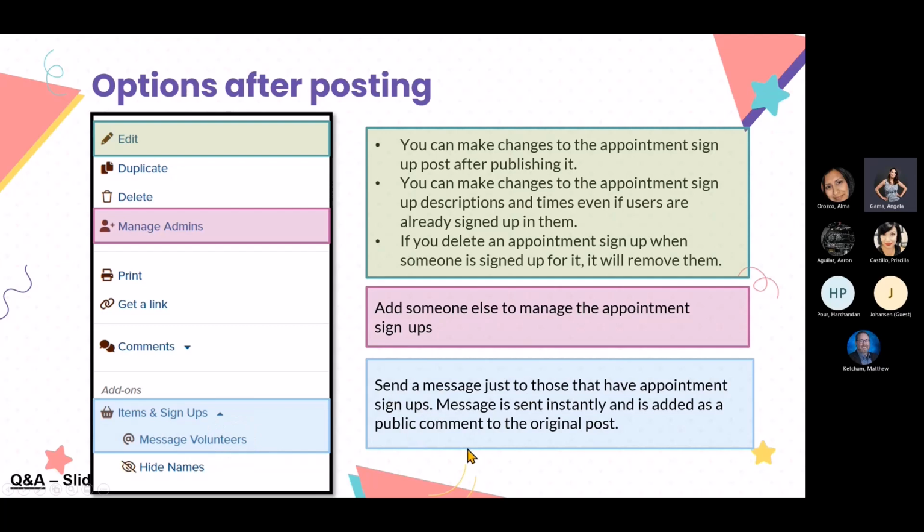They will get that message, and that will also be added as a public comment to the original post. You can also see here that we have the option of hiding names if you happen to need to hide those names or unhide them if that's the setting that you had on initially.